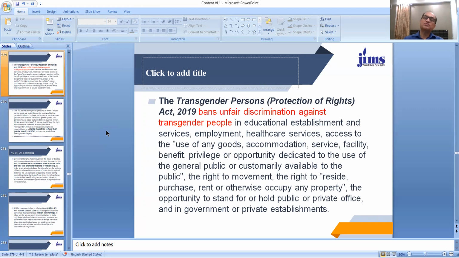Now, dear students, all of you know that for the protection of transgender persons, Parliament has enacted the Transgender Persons (Protection of Rights) Act, 2019.